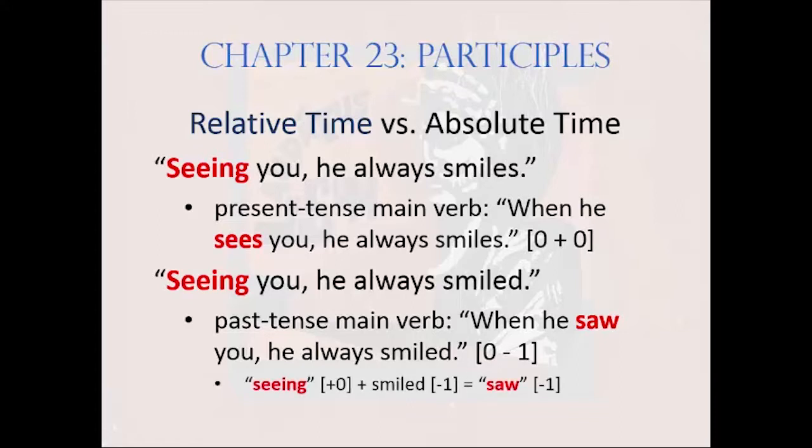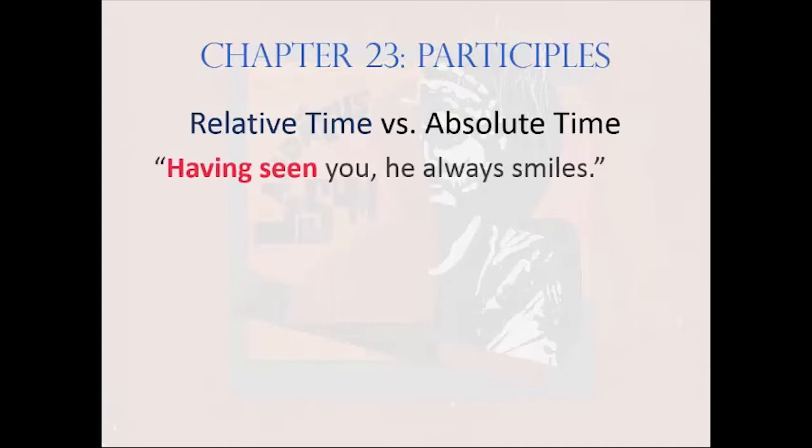The participle seeing has a time value of +0, and the main verb smiled a time value of -1, making the true or absolute time of the participle -1. So in a "when" clause, which requires a finite verb, it has to be "saw." Now what if the participle is perfect, but the main verb is present? "Having seen you, he always smiles."